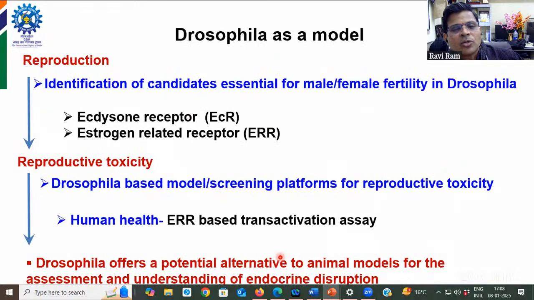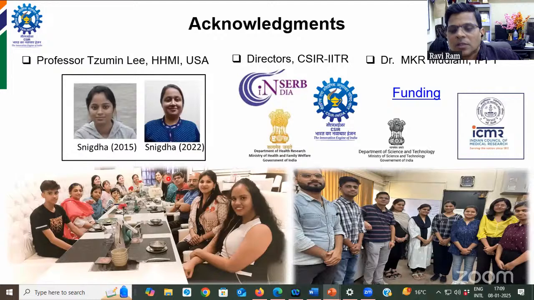I have told you that we have these two receptors which are very essential for male-female fertility, and I have shown you that at least with one particular receptor, we have a molecular tool with which we can detect the reproductive toxicity or the endocrine disruption potential of chemicals. Although I talked mostly about male fertility, the work is mostly done by females, and ironically by two Snigdhas.